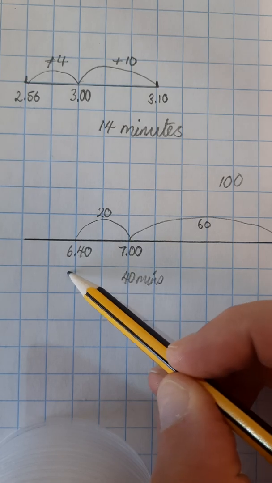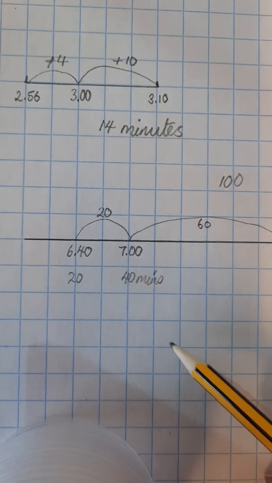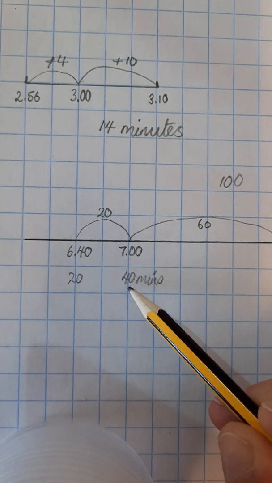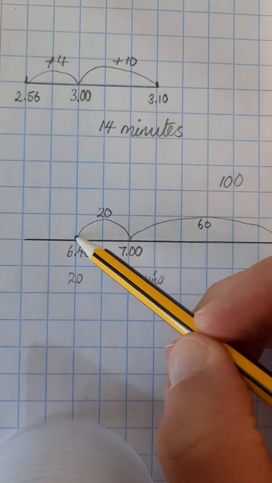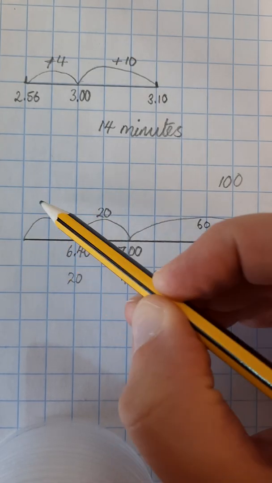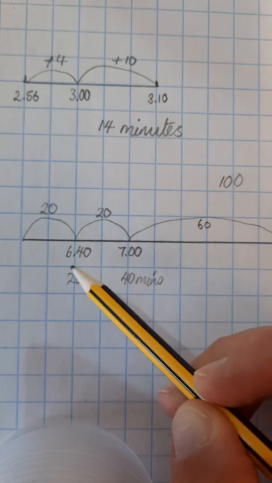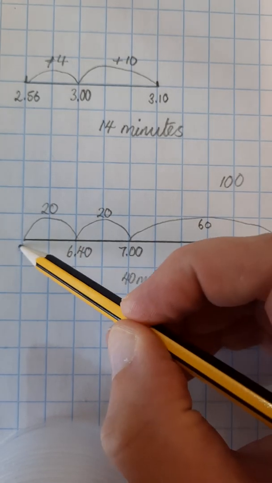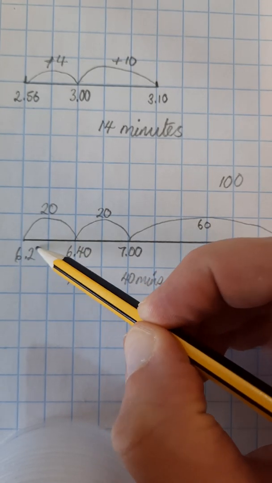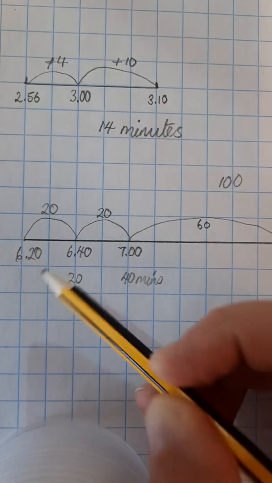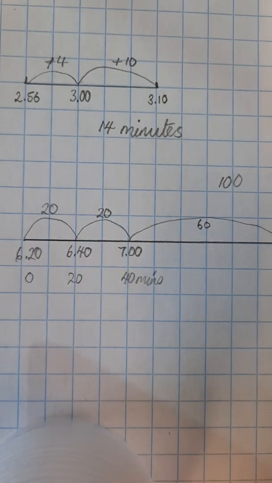Okay, so now I've got 20 minutes left, because I've taken that off the 40 there. So I'm going to do another jump of 20, another 20, and I'm going to take 20 off the 40, and this time that makes it 6:20. Okay, now down to 0 minutes left.